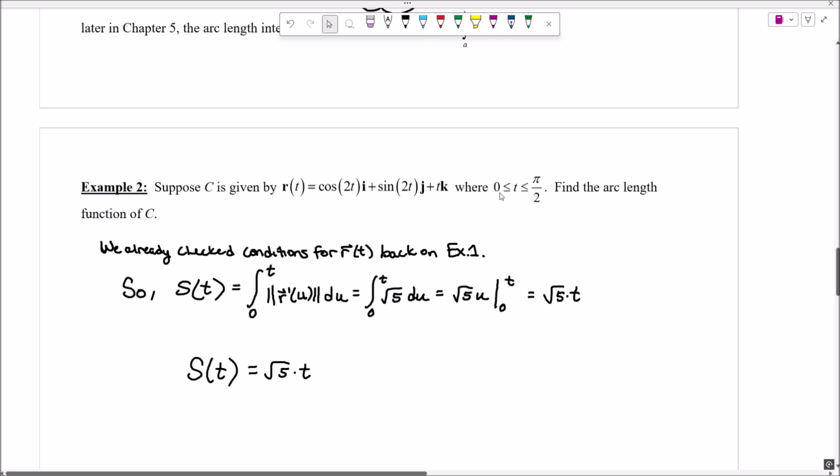If I want to go from 0 to 0.6, boom, plug in 0.6. If I want to go from 0 to pi over 4, boom, plug in pi over 4. So I can really quickly evaluate lots of different arc lengths and kind of avoid having to set up the actual integral and do that full calculation every time. And so this tends to be one of the big advantages of the arc length function. We're also going to see, though, that there is another advantage to doing this in the next video.